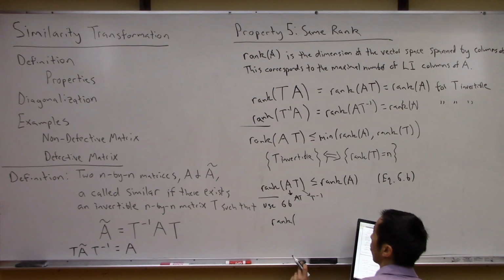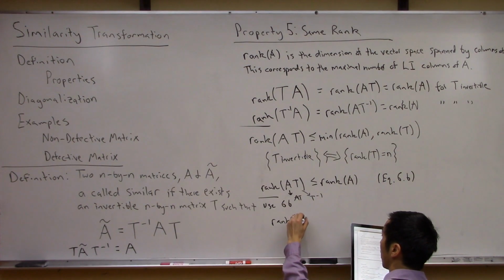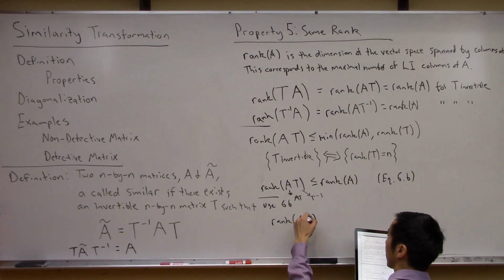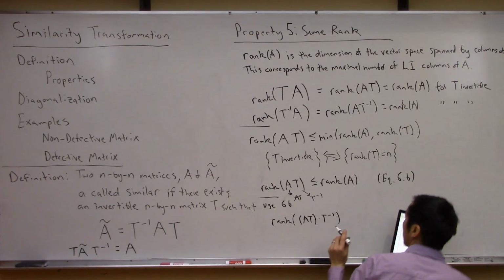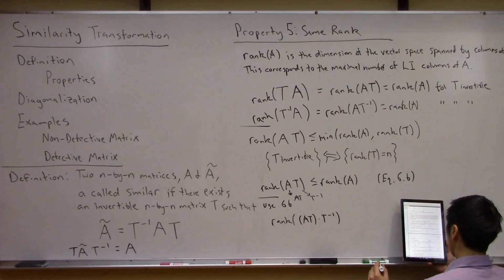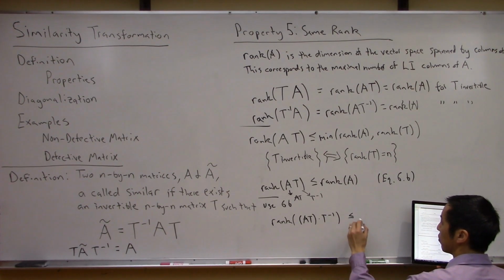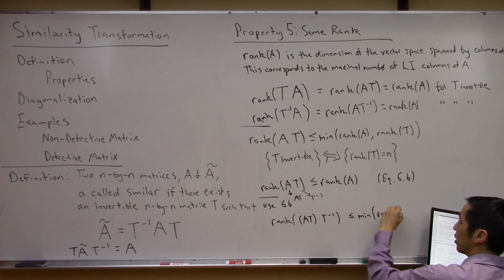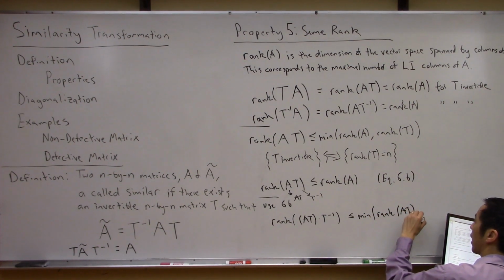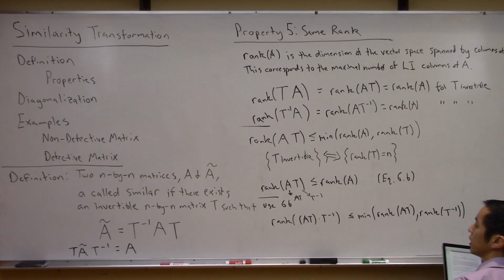So now we have the rank of the matrix AT times T inverse. This has got to be less than or equal to the min of the rank of AT and the rank of T inverse.